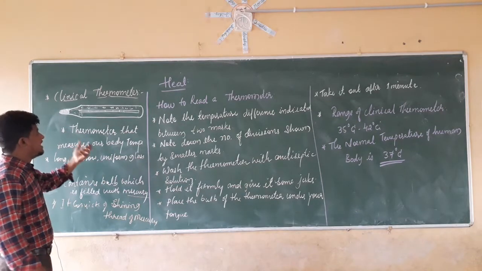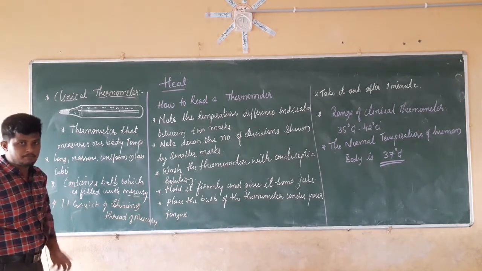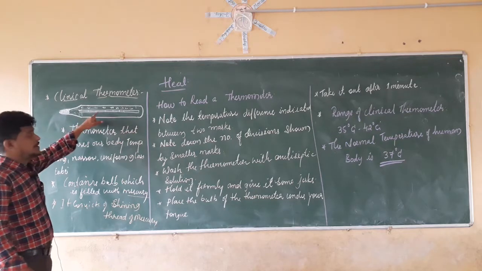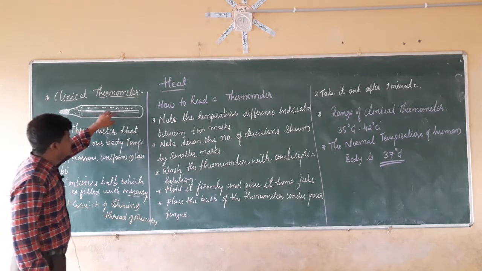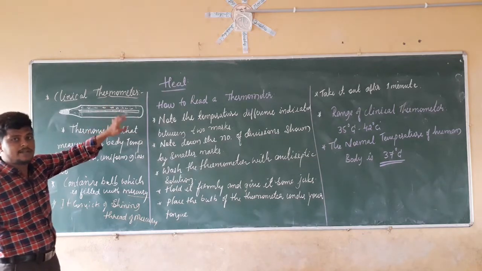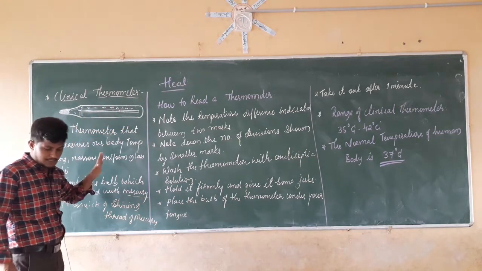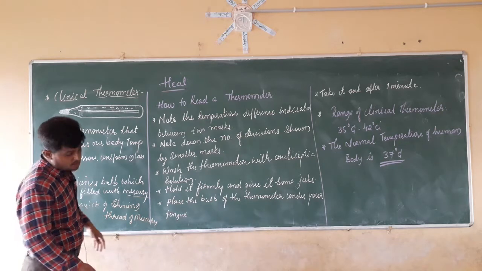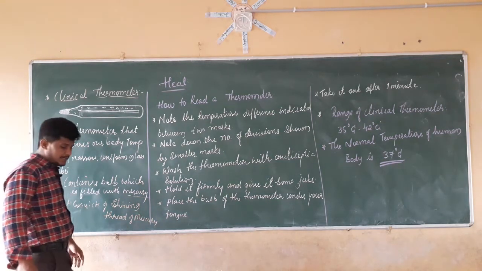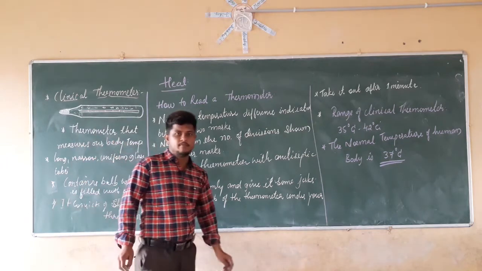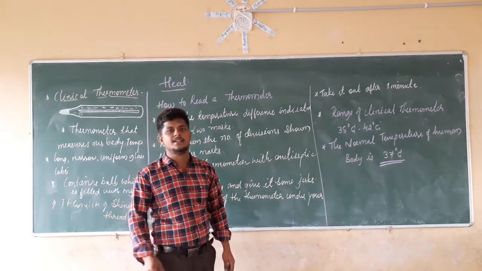By that scale we measure our body temperature when the mercury starts moving. These are all parts of the clinical thermometer.